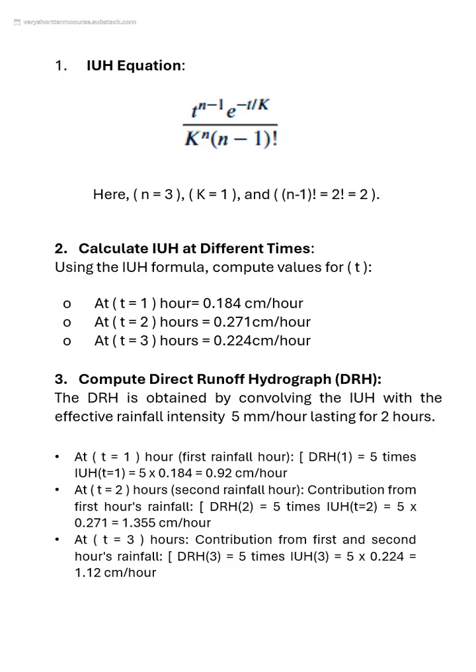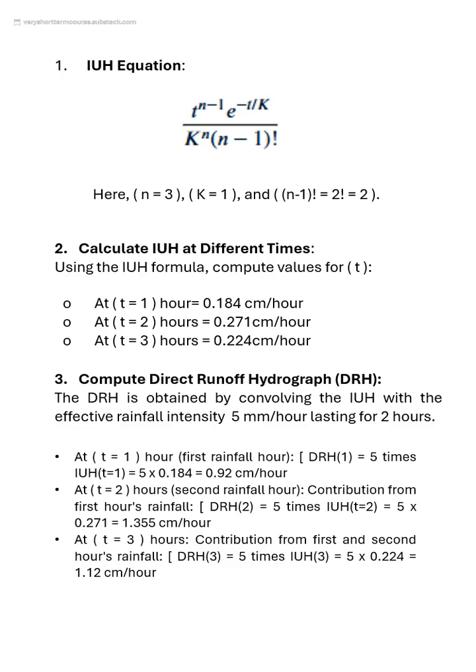What is convolving? Just multiply the peak discharges that you have derived from this IUH equation at each time scale, T equal to 1 hour, T equal to 2 hours, T equal to 3 hours, with the rainfall intensity, 5 millimeter per hour. That is all you have to do.